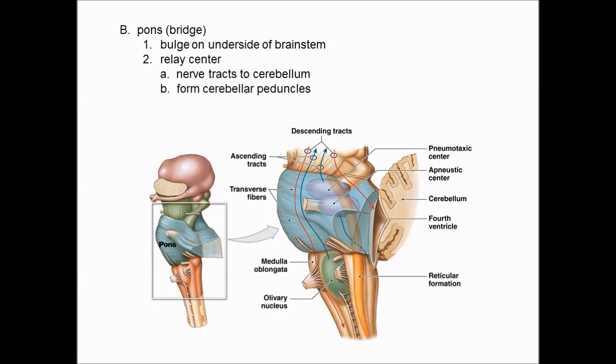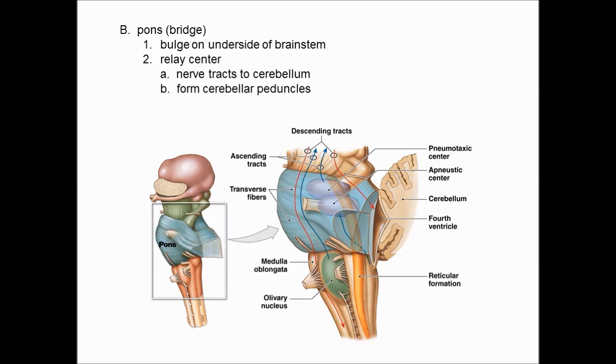So we call these peduncles, but they're essentially like wired bundles, like you were wiring some very complex electronic device, that come out of the medulla and wrap around and go into the cerebellum. So these large tracts, of which there's 3, and I'll talk about it more in a second, are called cerebellar peduncles. They're going from the pons into the cerebellum.